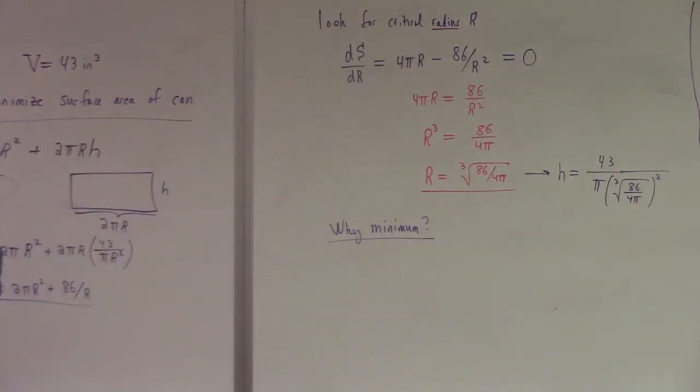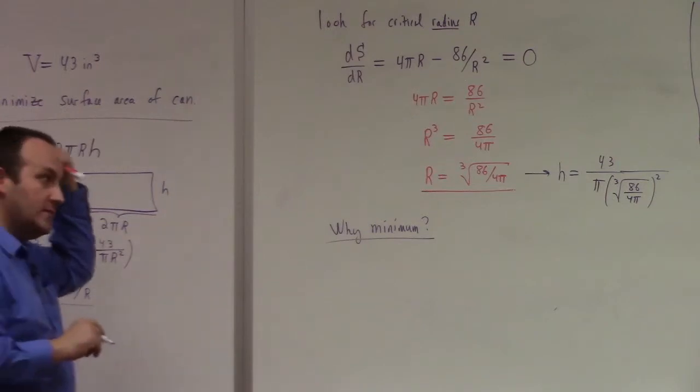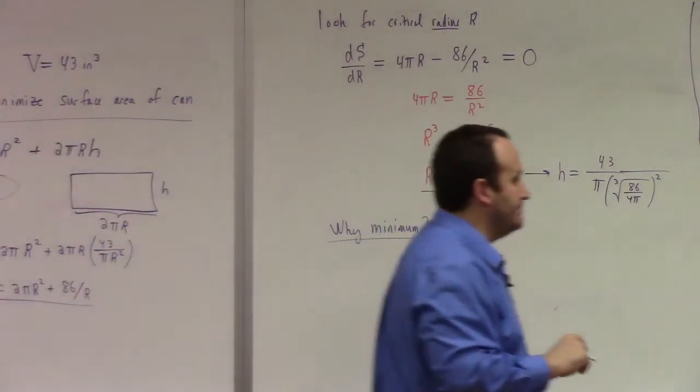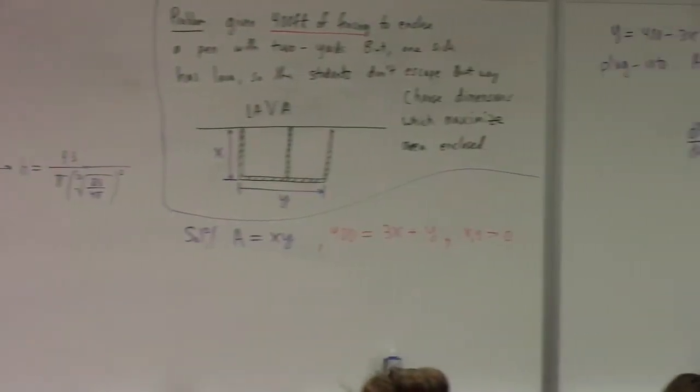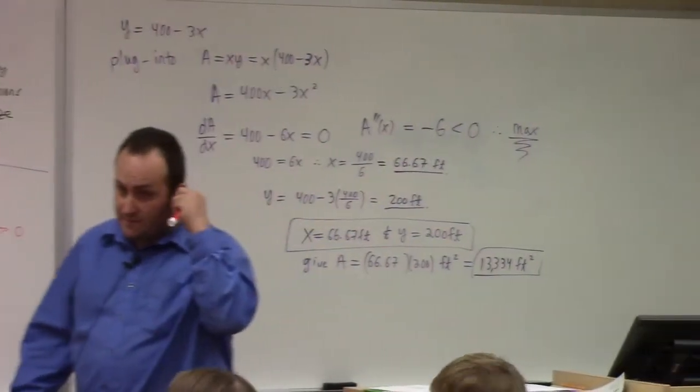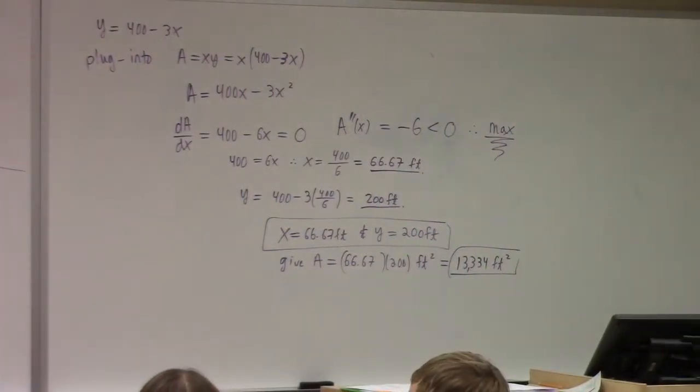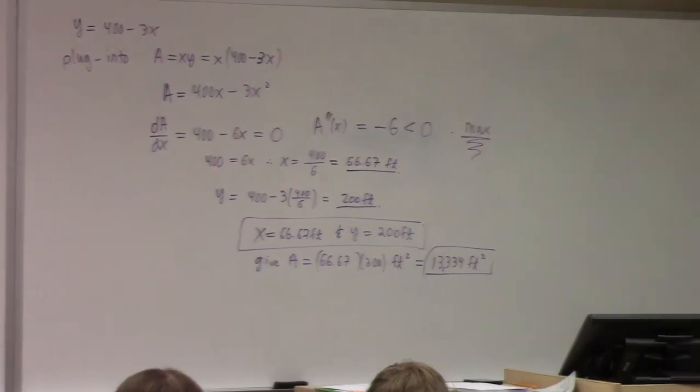You could ask the same question in the last problem. How did I know that that was the maximum area? It's pretty easy over here to go back and see that A double prime of x was negative. Right, the second derivative is negative over there, so we found a maximum for sure.